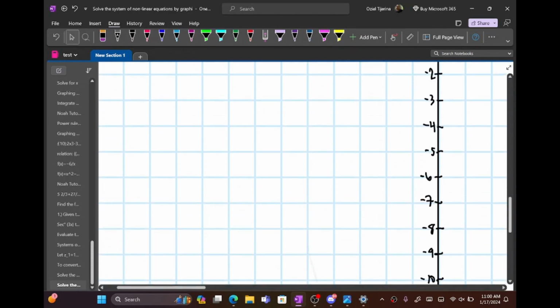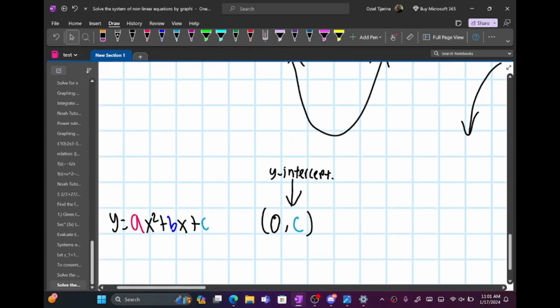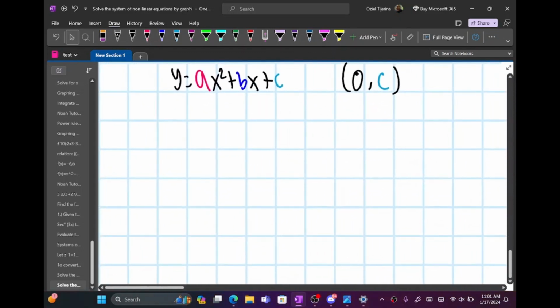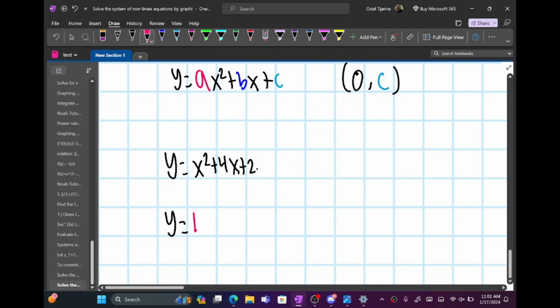So here on this quadratic equation, we have y equals x squared plus 4x plus 2. I'm going to go ahead and write it in this form so that we can define a, b, and c. So we have y equals 1x squared plus 4x plus 2.